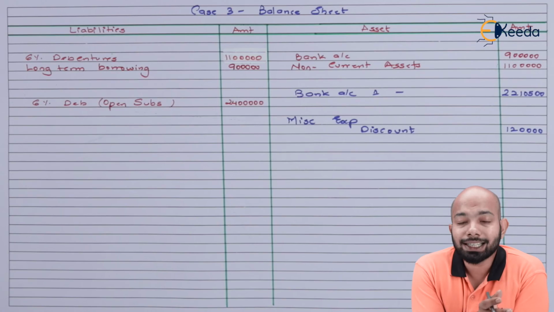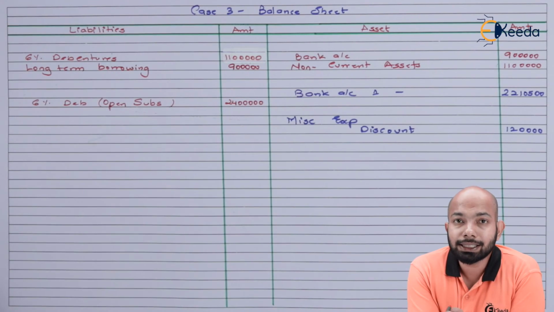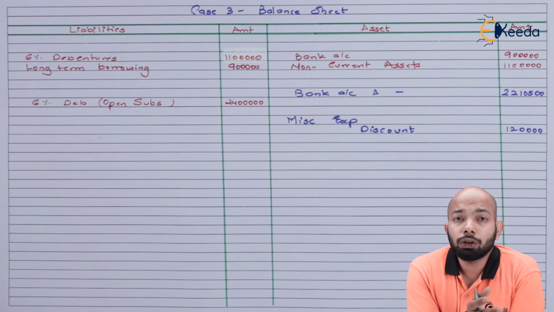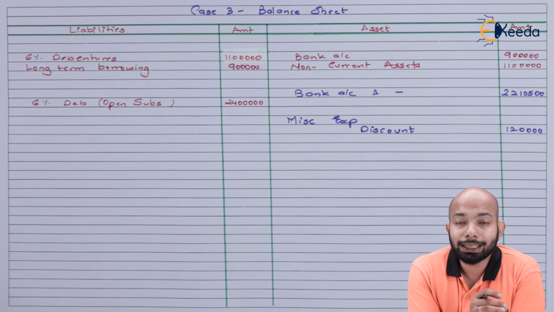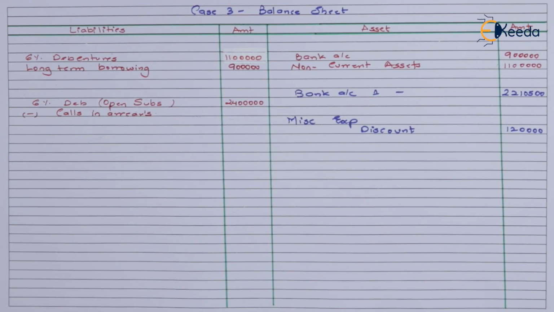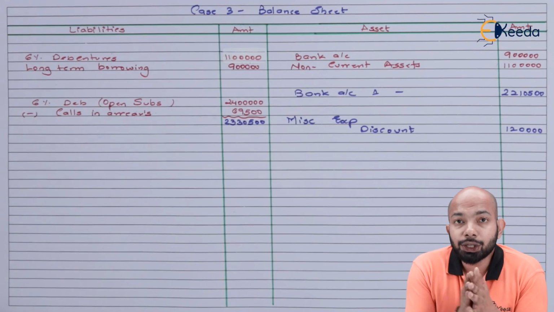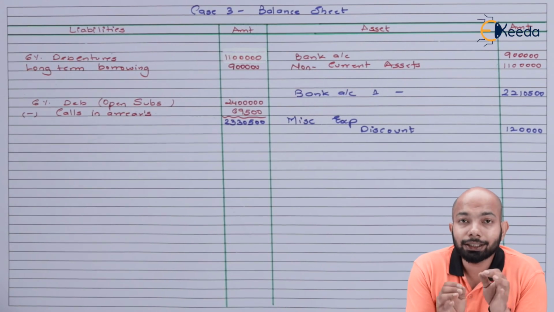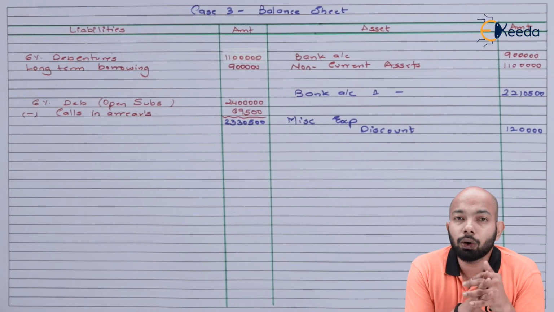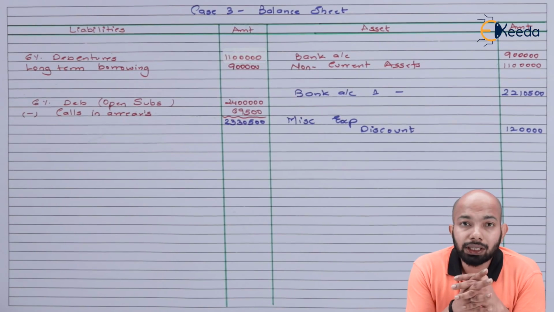So 24 lakh is the amount of debentures here, or rather certain things that we can say that it is a part of debenture capital, out of which we'll subtract the total amount that is referred to calls in arrears. So the total debenture capital that we have here is 23 lakh 30,500 after subtracting the calls in arrears, which is 67,500.